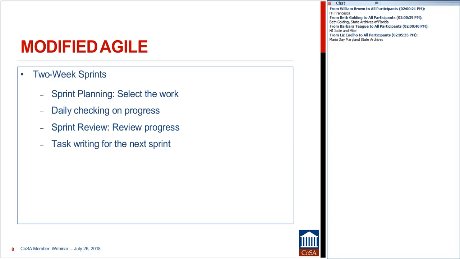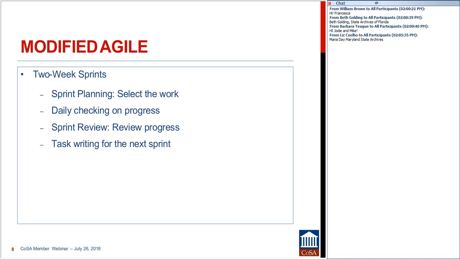Because my group sits around a table together all day and talks to each other all the time, we are pretty much in constant conversation. We have scrapped the daily check-ins. But for folks who have lots of different balls in the air, that quick daily check-in can be really useful.